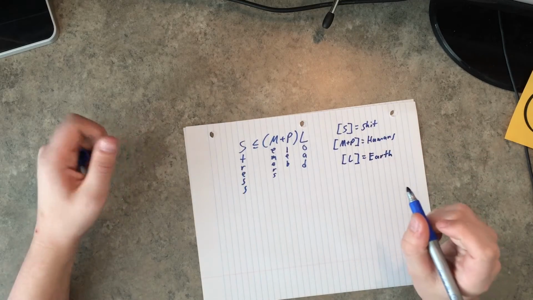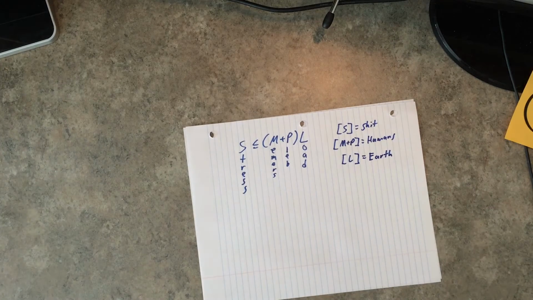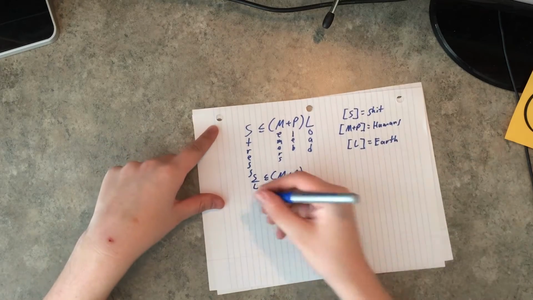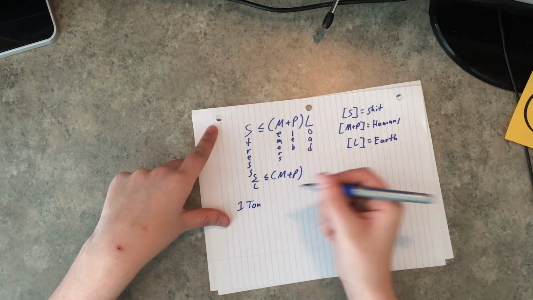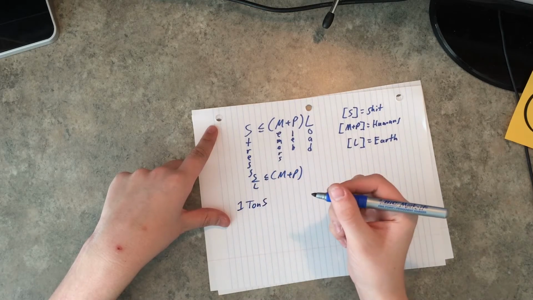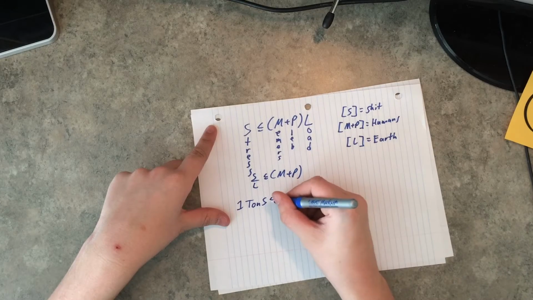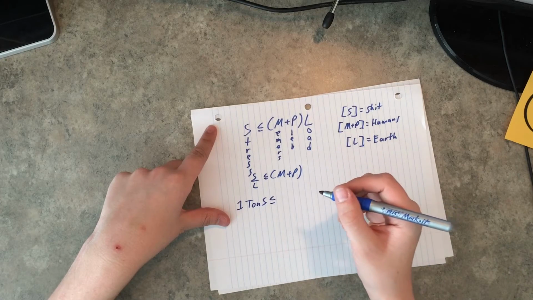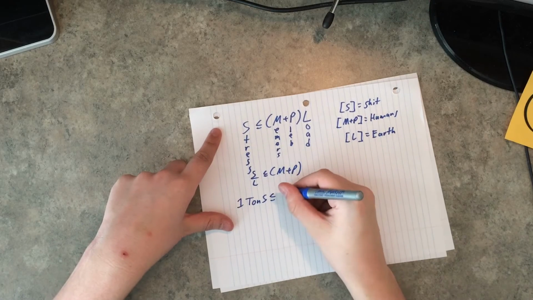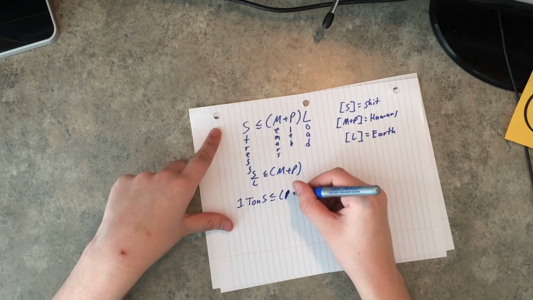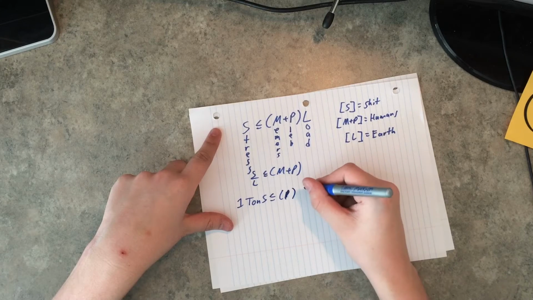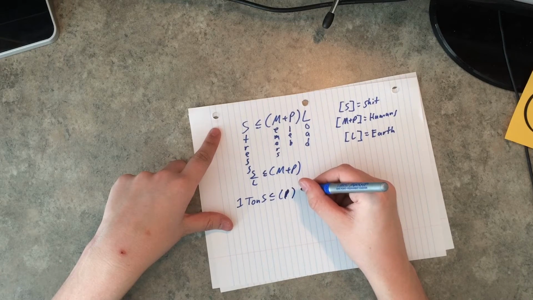So from these you can see a couple of little nuances going on. If we look at one ton of S, and then equate that to, let's have 0 memers this time and just have 1 pleb. So we have 1 pleb, 0 memers, multiplied by our load.